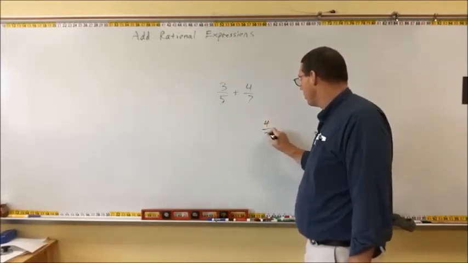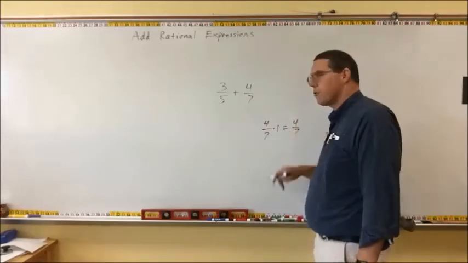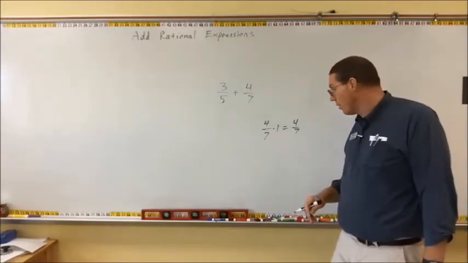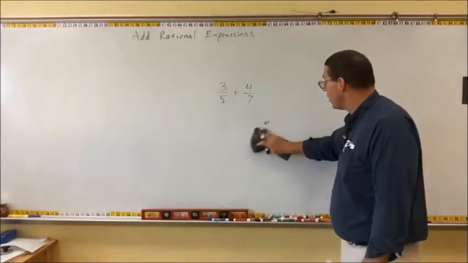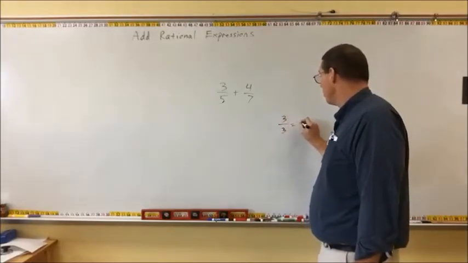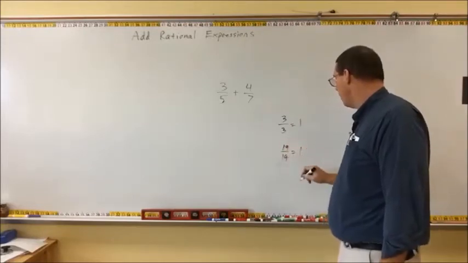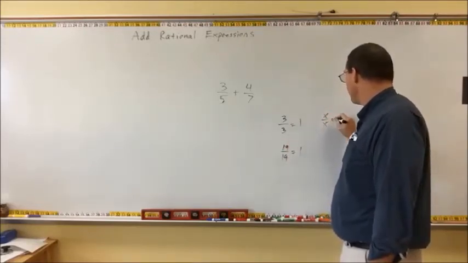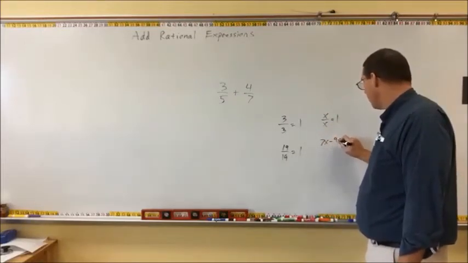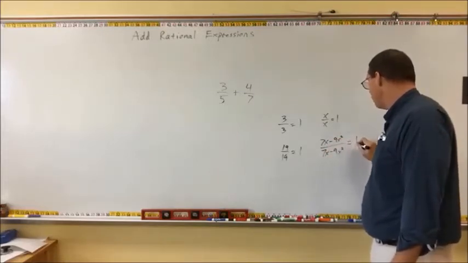And I know what you're thinking. You're thinking, yeah, but Mr. Ryan, if you multiply 4/7 by 1, you just get 4/7 and nothing changed. Right, I understand that. But understand that the number 1 can be represented in a lot of different ways. For example, 3 over 3 is equal to 1. 19 over 19 is equal to 1. x over x is equal to 1. 7x minus 9x squared over 7x minus 9x squared is equal to 1.